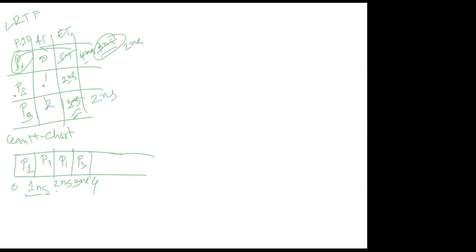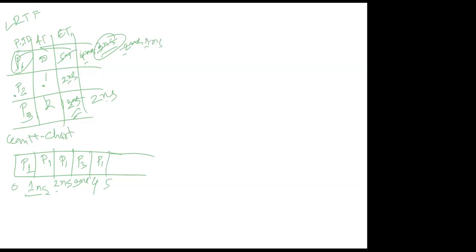And then again, your operating system will check which process needs more. So all 3 processes need 2 nanoseconds. If you consider that the process that arrives first will be scheduled, then P1 will get the priority. So it will run P1, and then clock is 5 here, and it needs 1 nanosecond more.